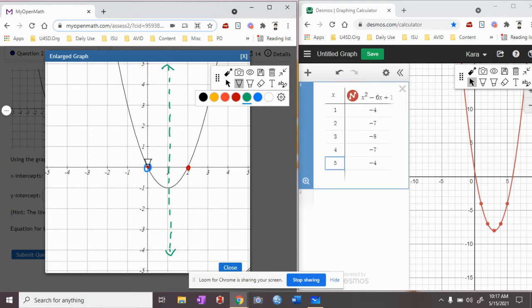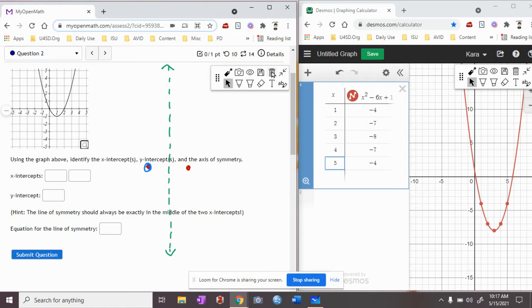So I have (0, 0) and (2, 0) for x-intercepts, (0, 0) for a y-intercept, and x equals 1 for my axis of symmetry. So let me clear this out, and I'm going to type here.